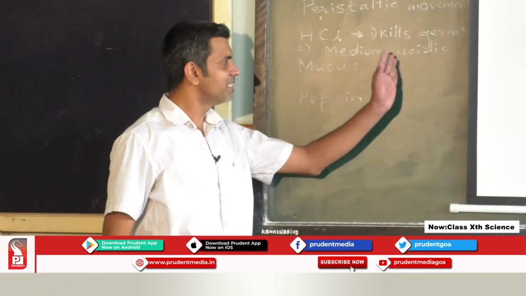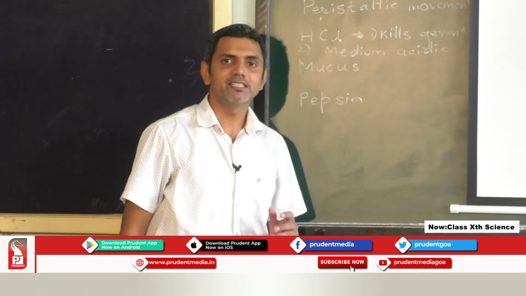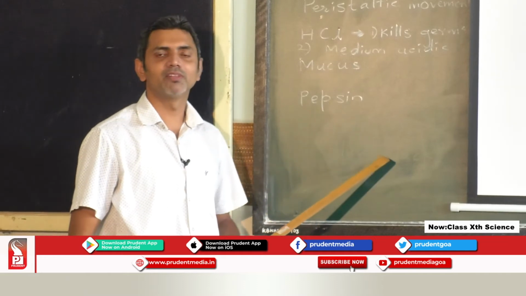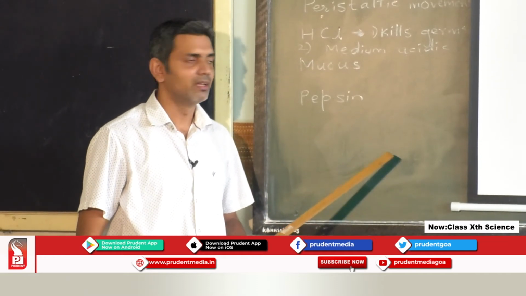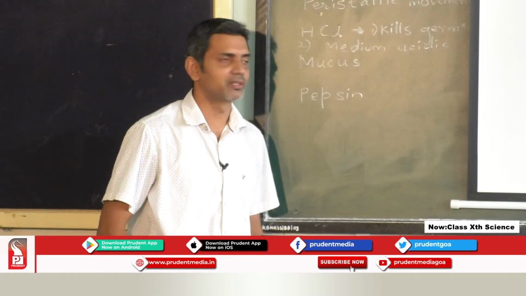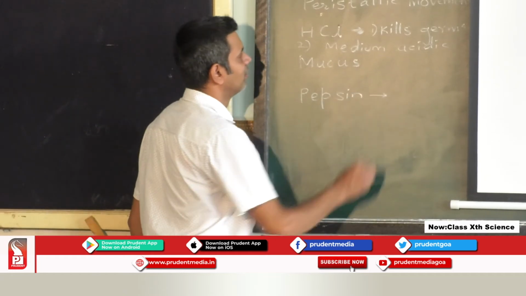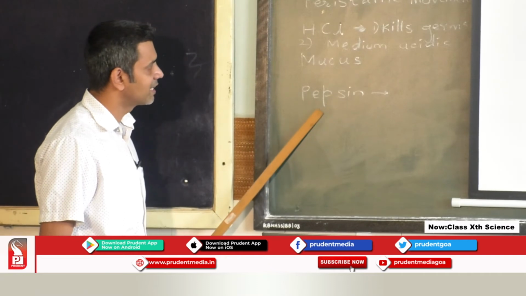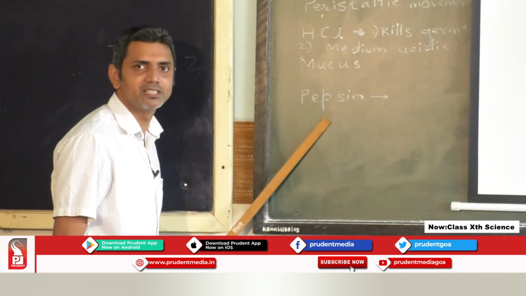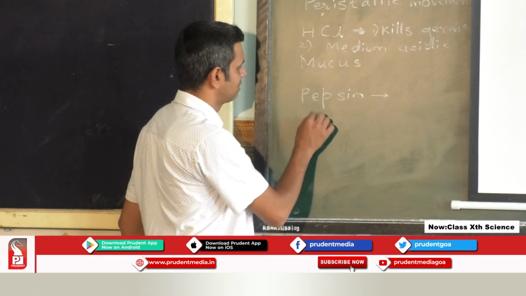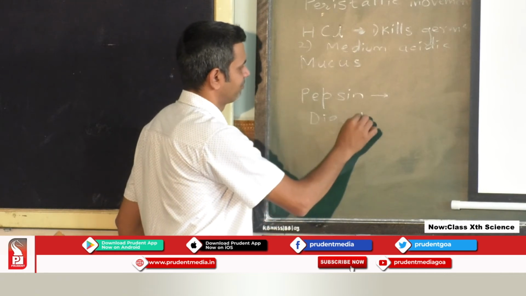Now, once the medium is made acidic, this helps the enzyme; pepsin is the name of the enzyme. This enzyme digests proteins in the stomach, and making the medium acidic facilitates the action of the enzyme pepsin to digest proteins. So, pepsin digests proteins in the stomach.